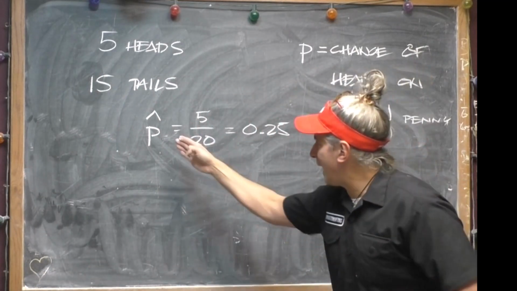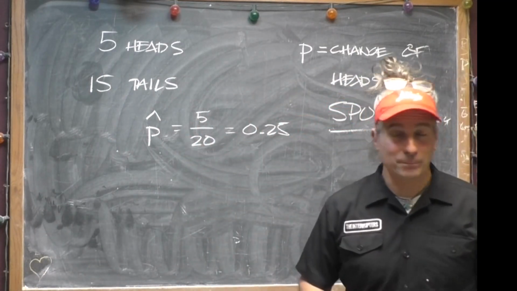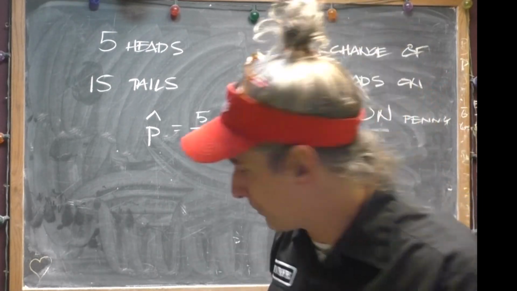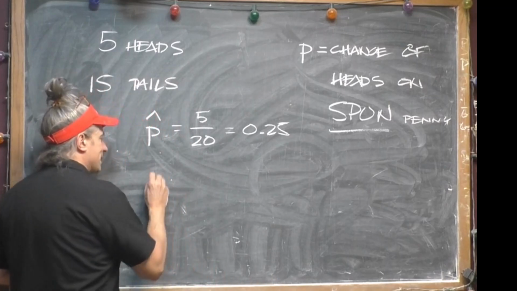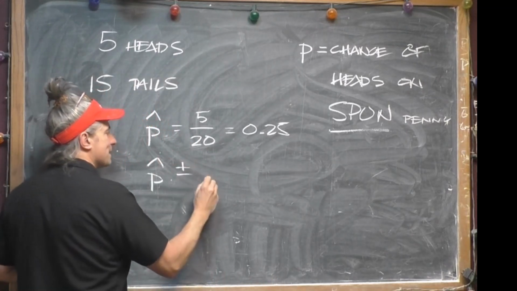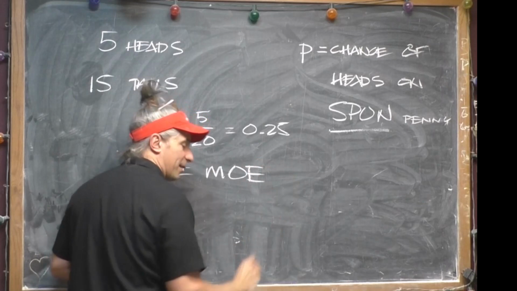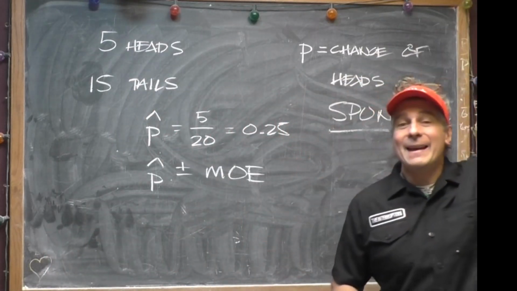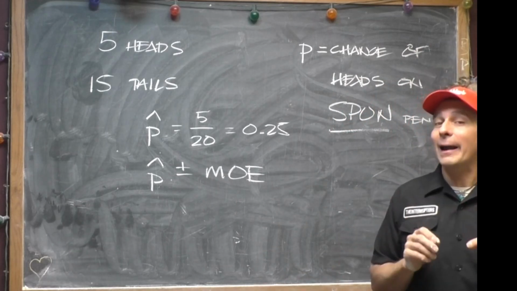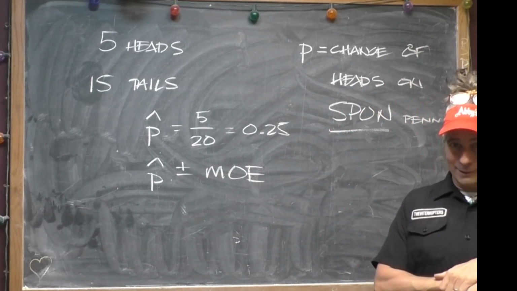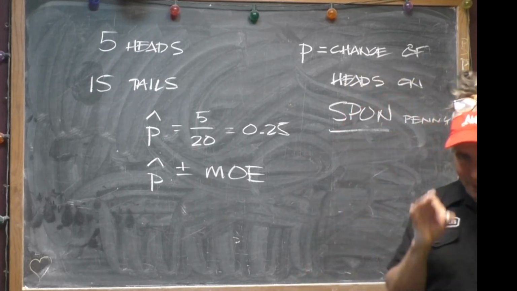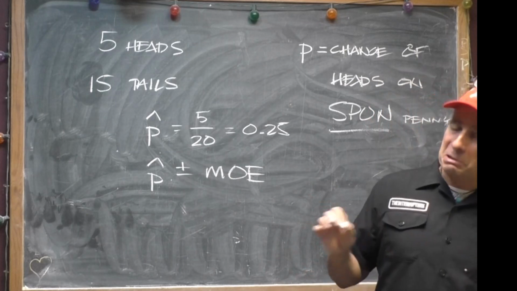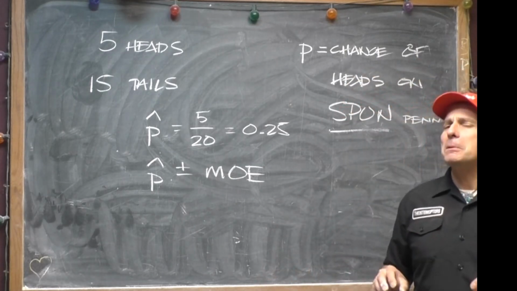But we can't say that that is equal to that. We've talked about that over and over again so far. So what can we do? We can put the margin of error around it. We can take that p hat and add and subtract the margin of error. Now, I'm going to place a video at the end of this playlist justifying what I'm about to write on the board, because the formula for the margin of error for a sample proportion is a little bit much.